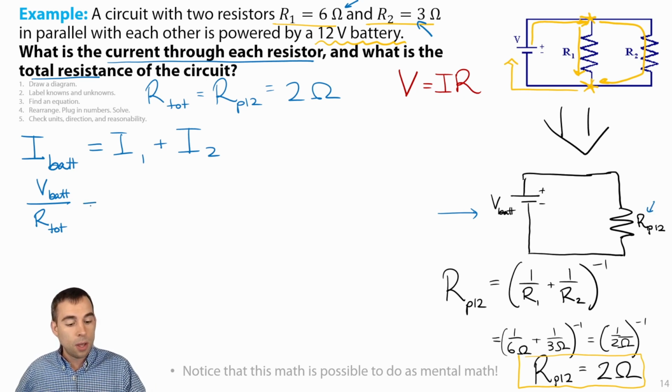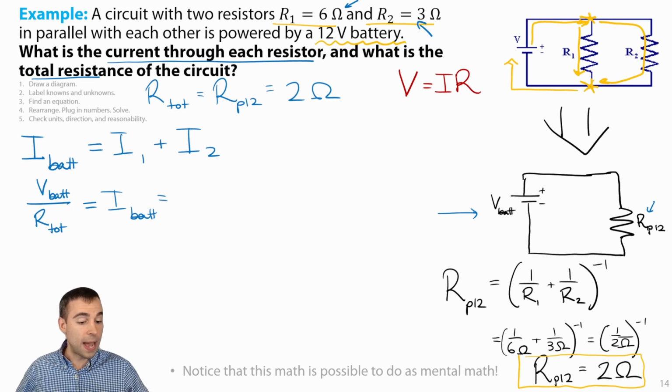And so that will give us a current value that's output by our battery. The current from our battery will be 12 volts divided by 2 ohms. It'll be 6 amps. So we can say that those 6 amps are going to be equal to the amount of current going through the first resistor and the second resistor.